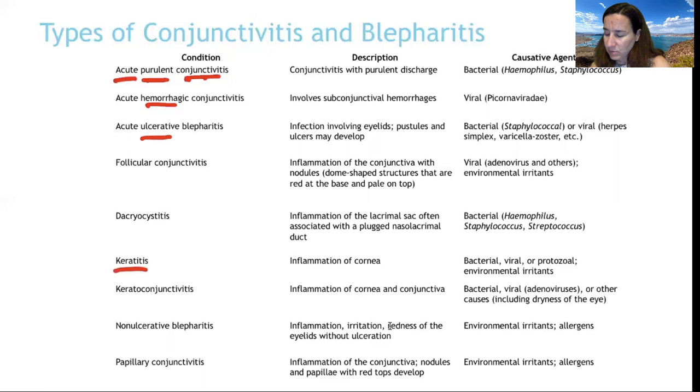Keratitis, we mentioned that already. Keratoconjunctivitis is going to be both. Instead of just cornea like keratitis, it's cornea and conjunctiva. Papillary conjunctivitis, non-ulcerative. So there's all sorts of different types of infections involving the eye, and the area around the eye.